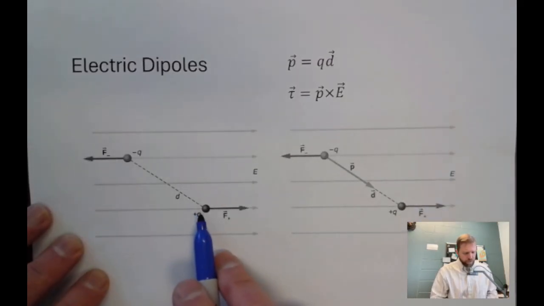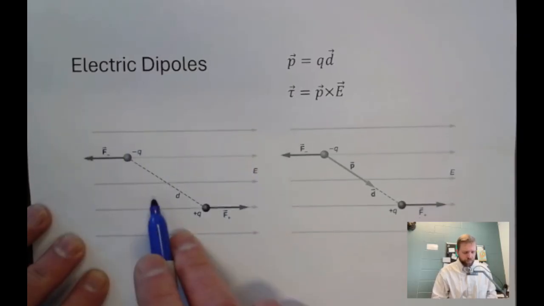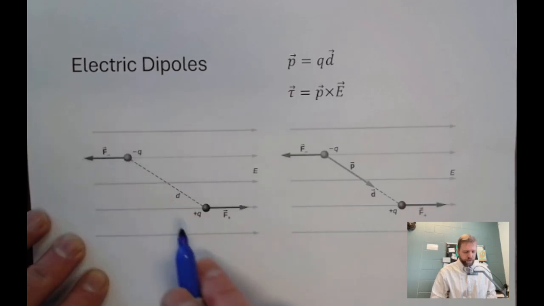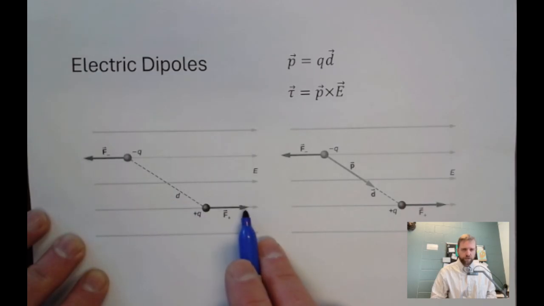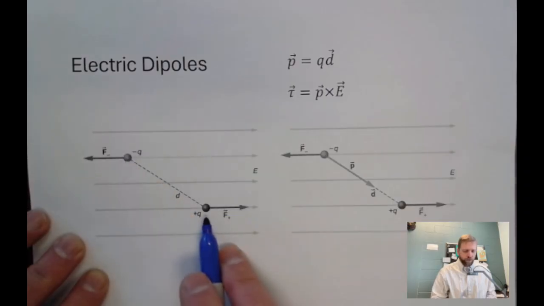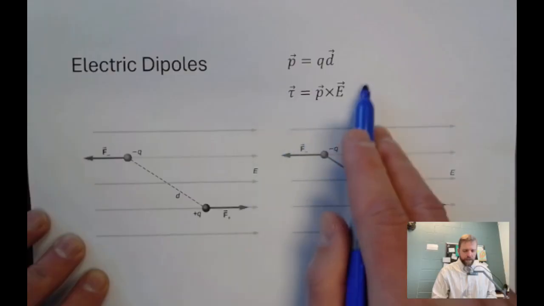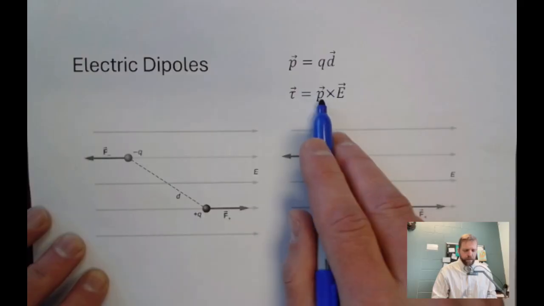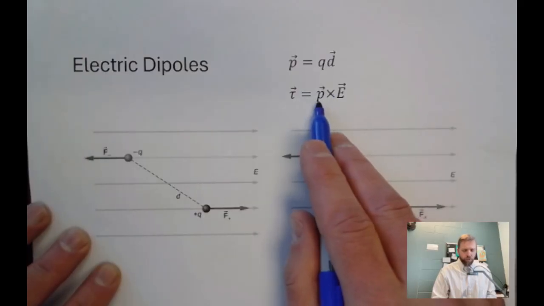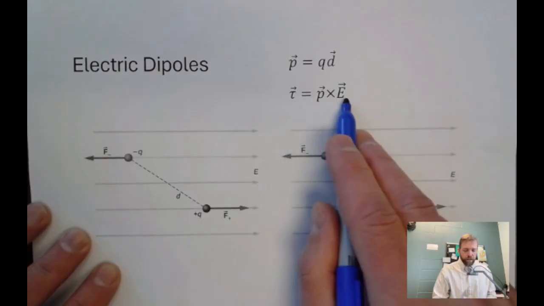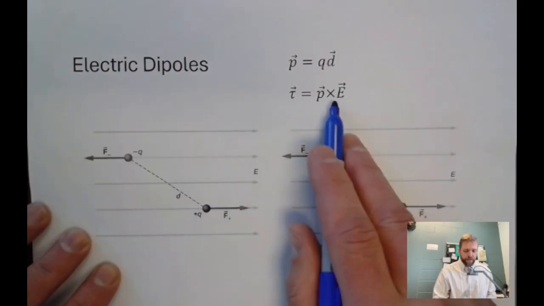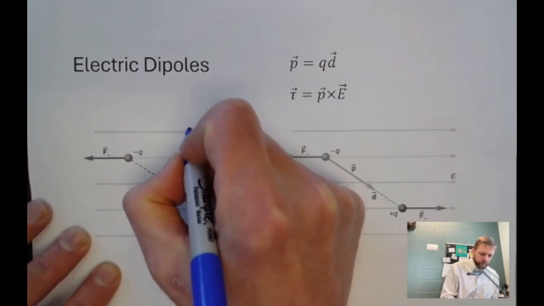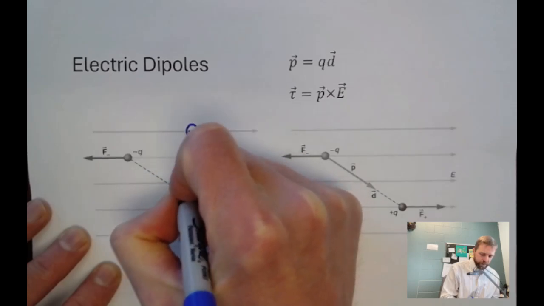What happens for an electric dipole? If it's in the presence of a field, the negative charge wants to go upfield, and the positive charge wants to go downfield. And so this generates a torque on the dipole, and this is simply the cross product of the dipole and the electric field, right? So that means that the maximum torque is experienced when the dipole is oriented perpendicularly to the field.